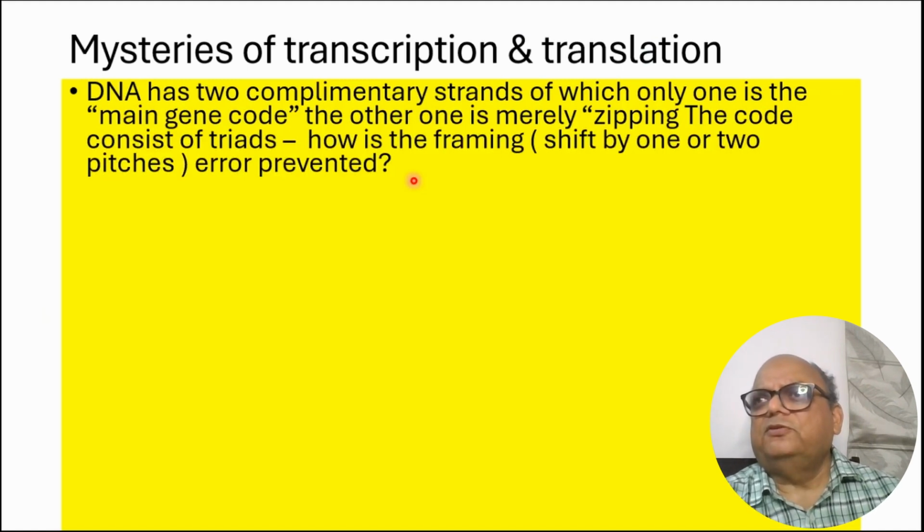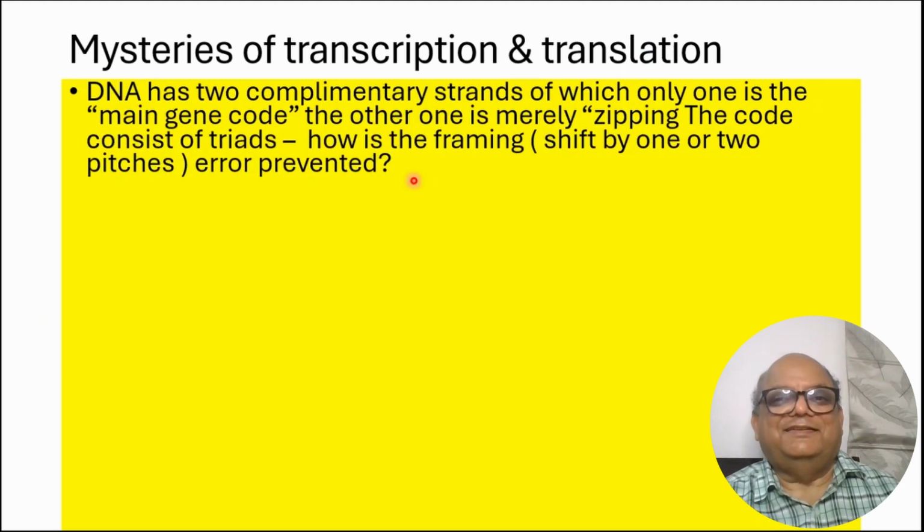Suppose you move by 1 pitch or 2 pitch, the entire code will mean something else, because the triads will be read differently, but that is not known to happen. So how the framing error is prevented in this kind of data archive is a wonderful concept, of course, but it's not known yet. It has not been researched sufficiently.